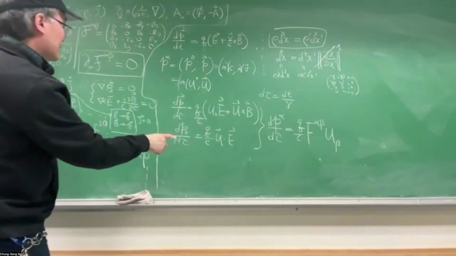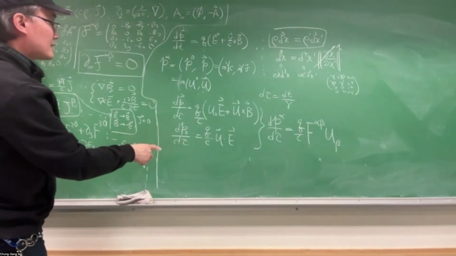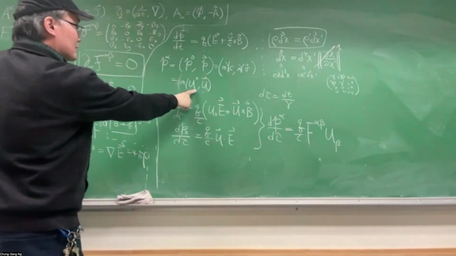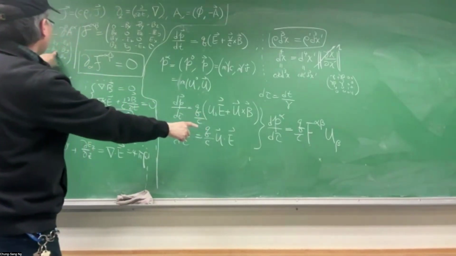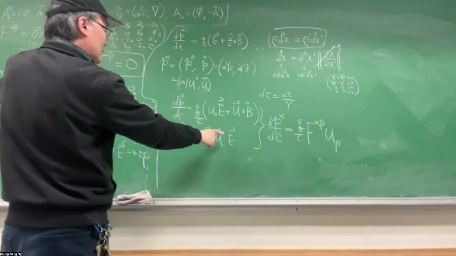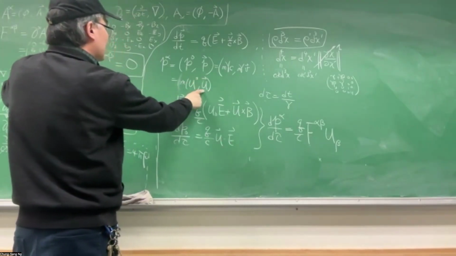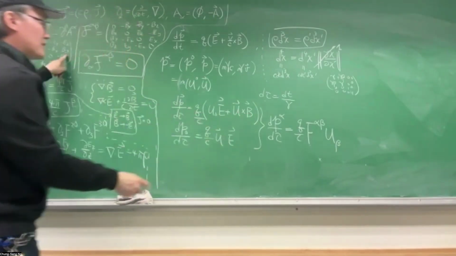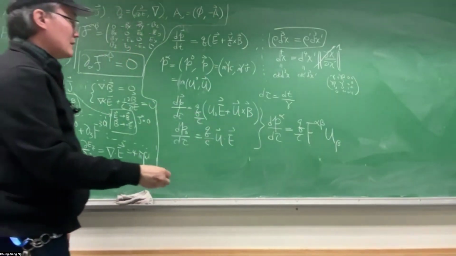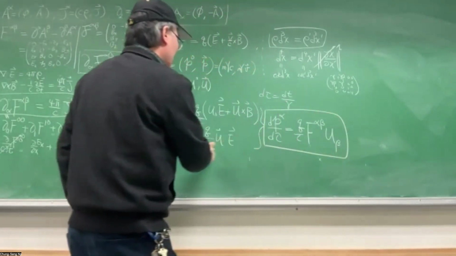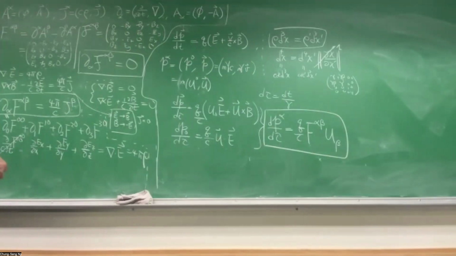One part is first you have this Ex contracted with the 0 part, which is U0, and then this contracts with the corresponding part in U. That will get the x component of U cross B. Okay, so you can check that this corresponds to this one.